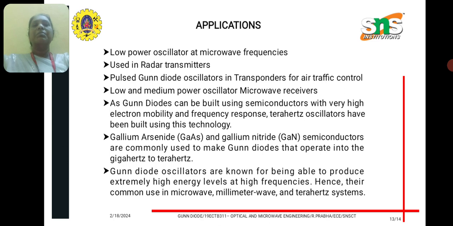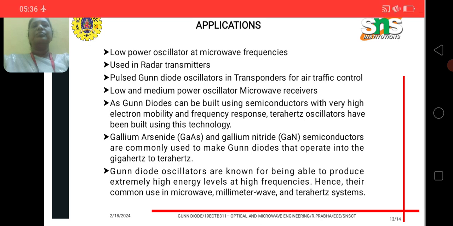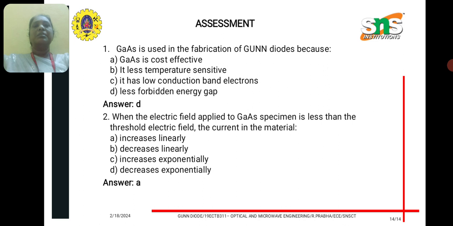Gallium arsenide and gallium nitride semiconductors are commonly used to make Gunn diodes that operate in the gigahertz to terahertz region. Gunn diode oscillators are known for being able to produce extremely high energy levels at higher frequencies, hence their common use in microwave, millimeter wave and terahertz systems. These are the applications of the Gunn diode.